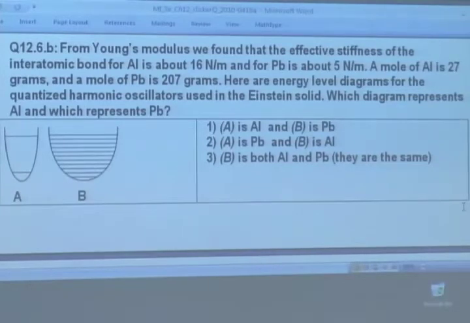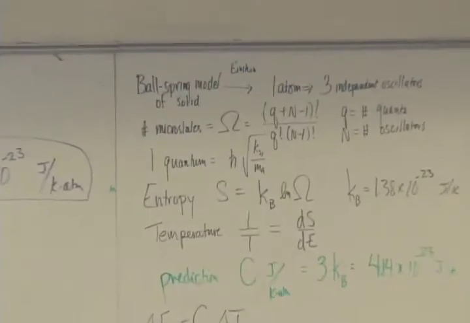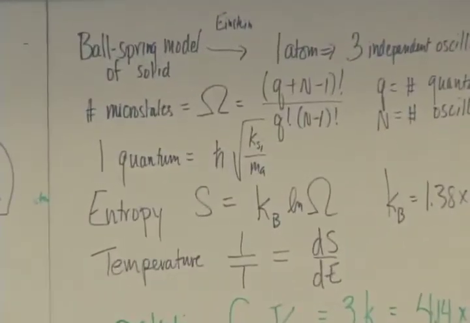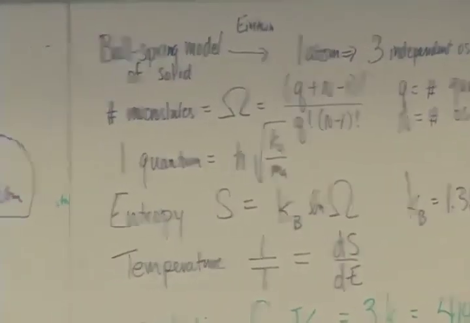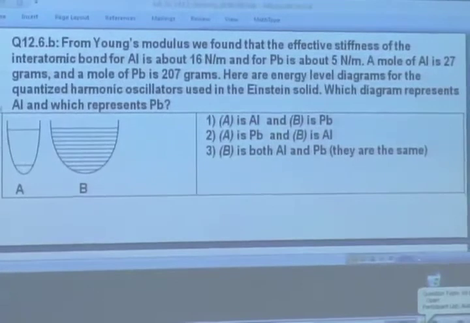So remember that the energy of 1 quantum has in it this quantity, the square root of the interatomic spring stiffness divided by the mass of an atom. So one of these diagrams shows the energy level spacing for aluminum, and one of them shows it for lead. Which is which? Which has the bigger energy level spacing?